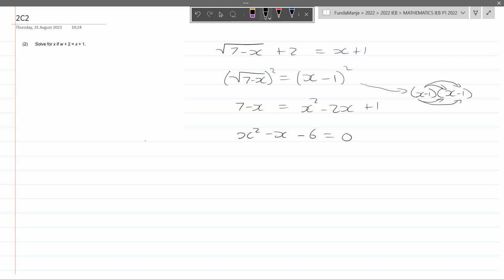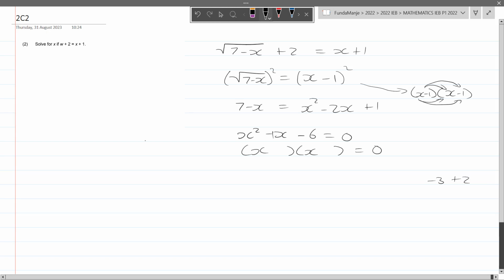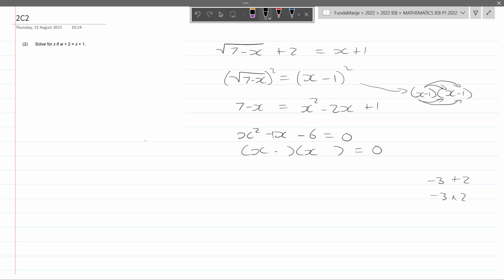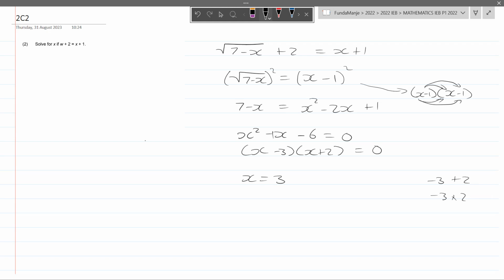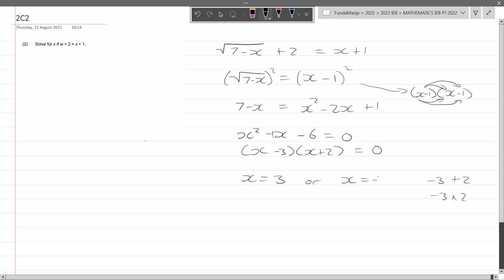And then at this point again, you form two brackets, x, and then the factors of 6 that will give us minus 1 when we add would be minus 3 plus 2. Also, minus 3 times 2 gives us minus 6, so that works out. So we have x minus 3, x plus 2, and then you get your answer as x is equal to 3 or x is equal to negative 2.